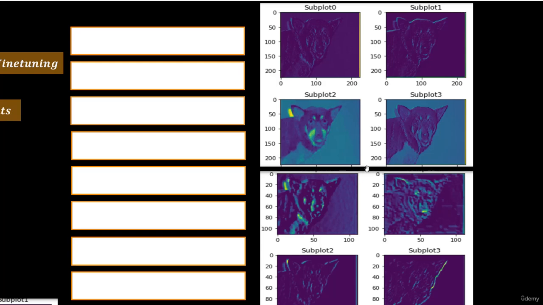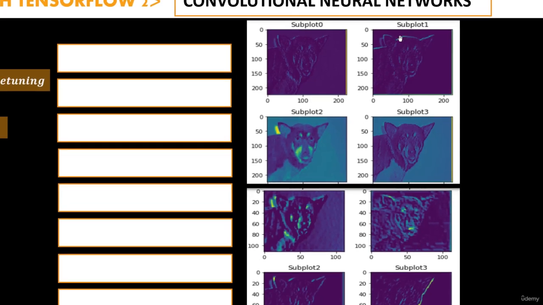That's to say that when you look at a dog, you don't necessarily check to see whether there are some edges around the portion of the ear. You don't necessarily check to see all these horizontal edges which this particular feature map is trying to portray right here.